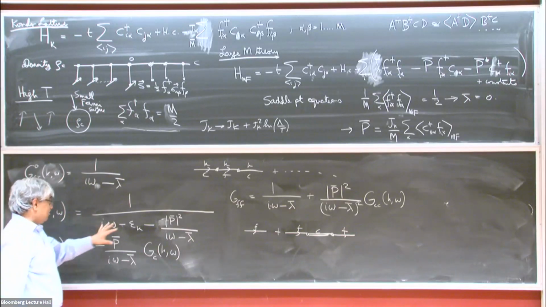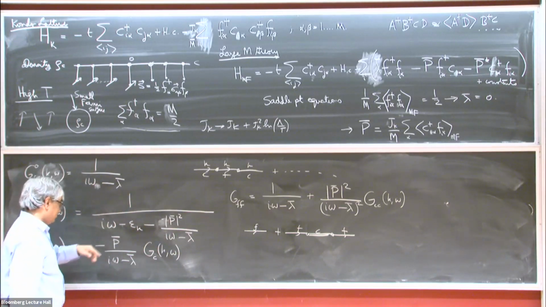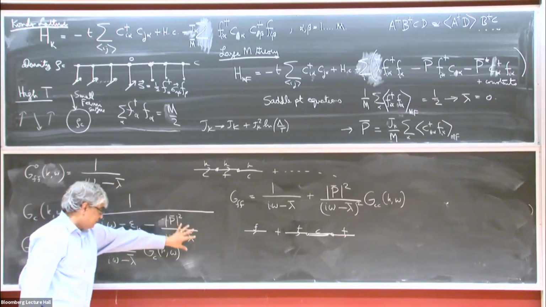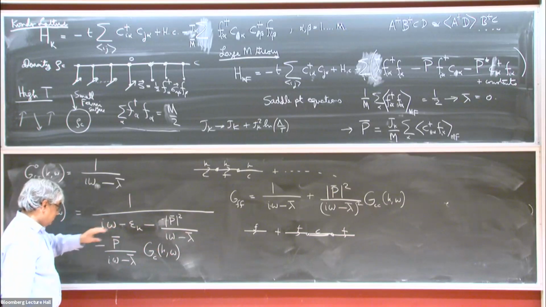All right, so let's actually look at this. Where are the poles of the Green's function? All of them have poles at the same location. They come at the solutions of this equation, and that's going to give us the band structure.